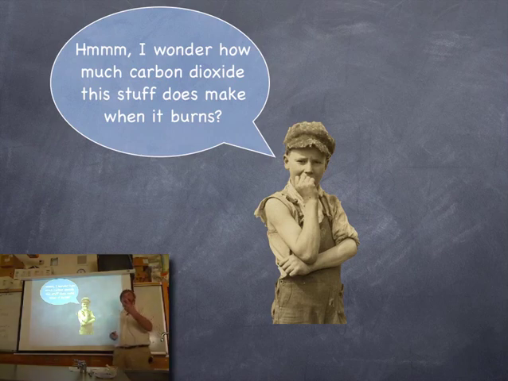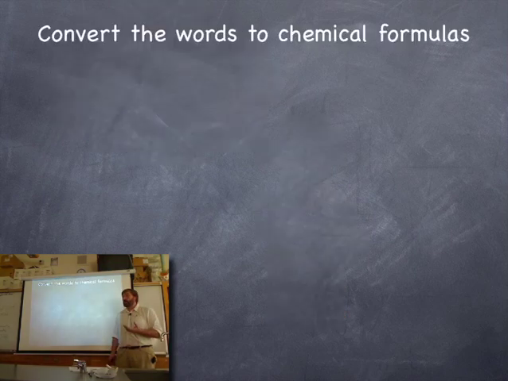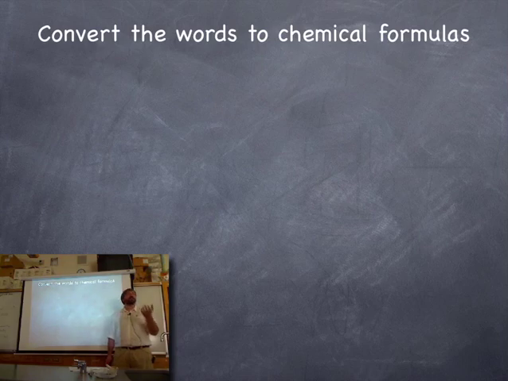We can say in words, ethanol reacts with oxygen to produce carbon dioxide and water. We want to take those words and convert them into a chemical equation. And we do that first by converting the words for an individual molecule into its formula. To convert the words into a chemical formula, we put the formulas together to create an equation.